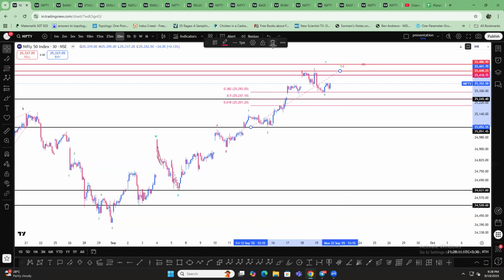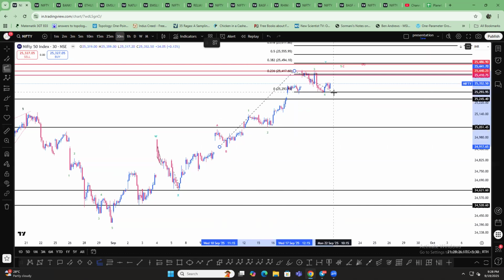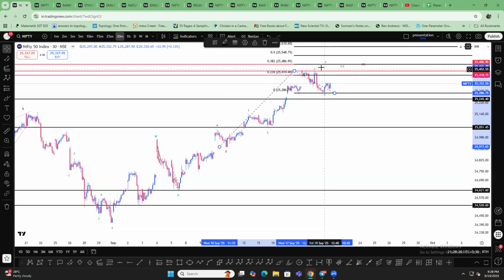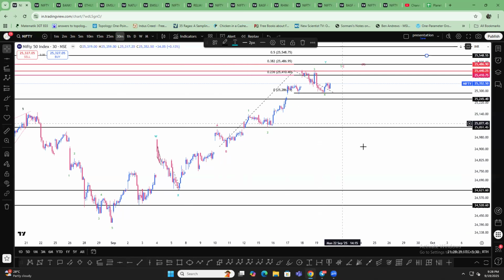So, considering this as wave 4, one more wave high is pending, and for this, if we calculate these resistance levels, so this is 1, 2, 3, 4. See, 38.2% is coming at 25,486, and 50% is here, right?